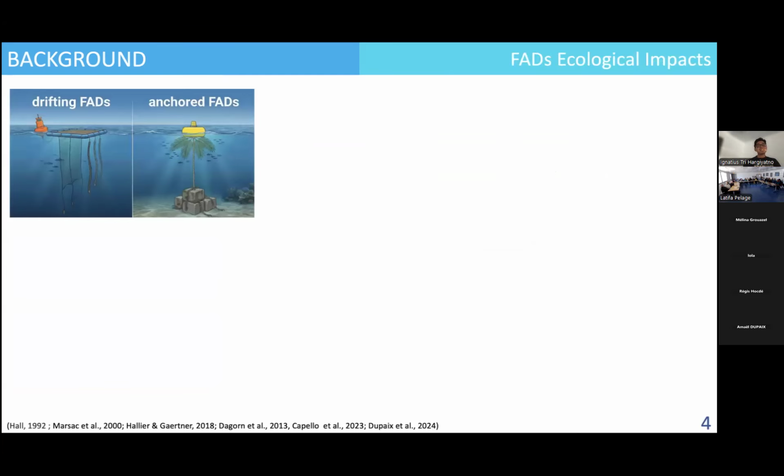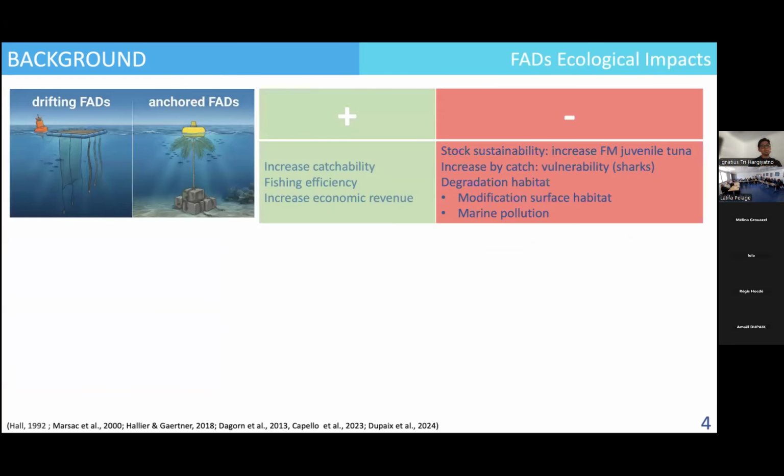The utilization of FADs has several impacts. Beyond the positive impacts, such as increased catchability, which is related to economic revenue and fishing efficiency, they also have negative impacts, such as on stock sustainability, because purse seiners and pole-and-line vessels catch more juvenile tuna, so the fishing mortality of juvenile tuna is higher, and also increased bycatch of sharks, a vulnerable species. They also cause habitat degradation, such as modification of surface habitat and marine pollution when they are damaged or lost.